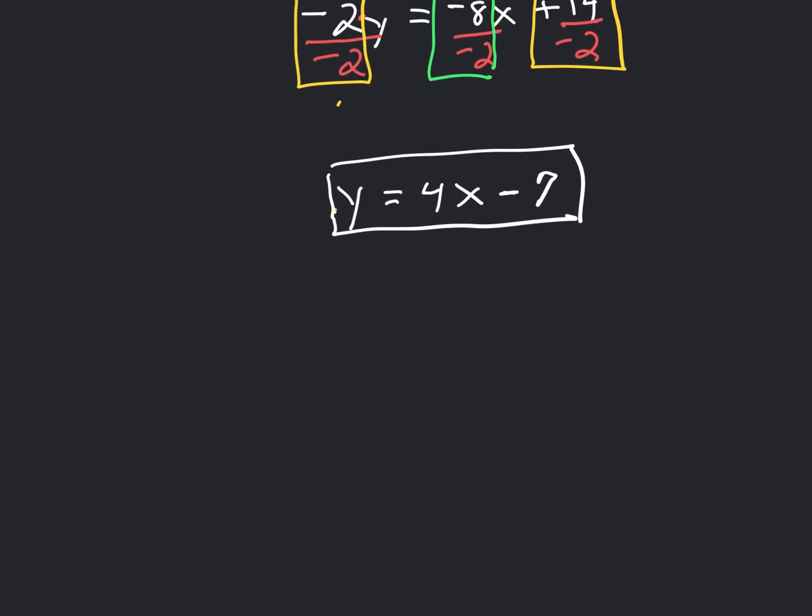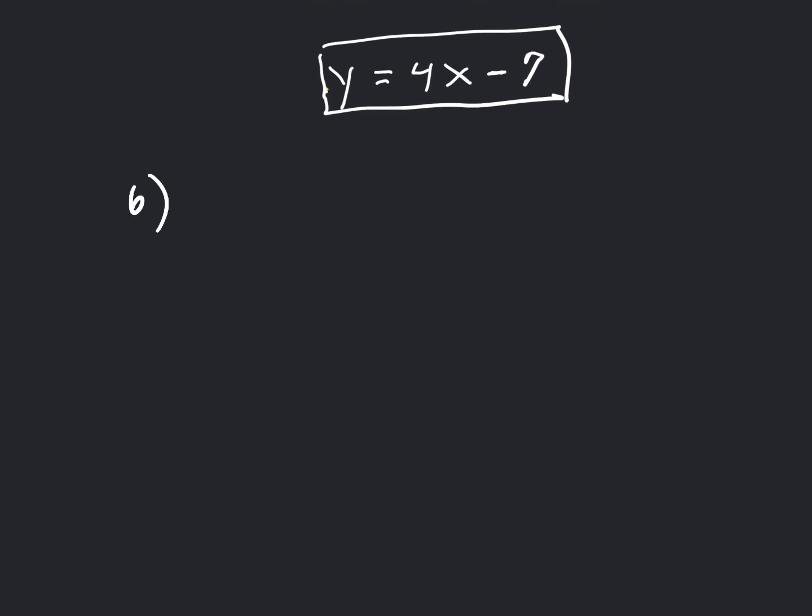What if, when you're doing a problem, I have something like this? If I have 4y minus 3x equals negative 12, don't I need to remove the x's?